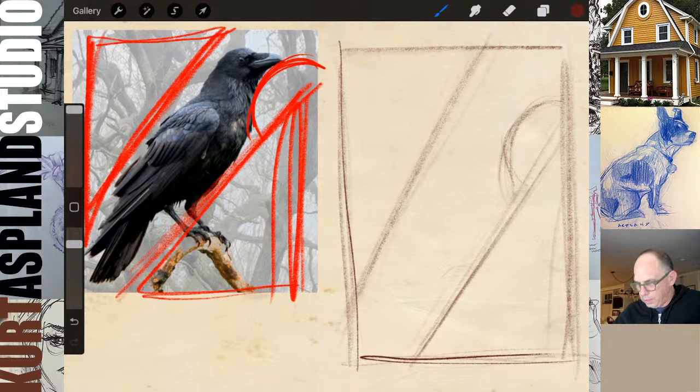And then down here, look at this. You see where I'm getting that shape from?